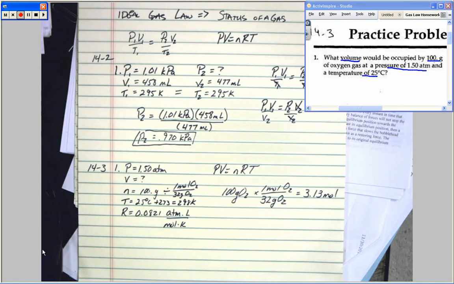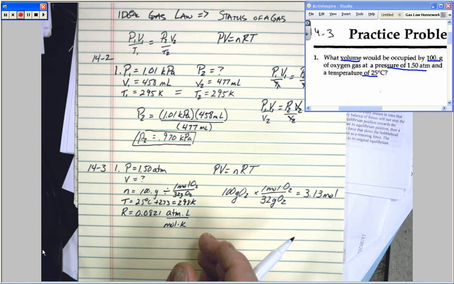Okay. Now, if you don't write the whole thing out, I'm going to start marking you down. The atmospheres times liters divided by mole times Kelvin. Okay, this exists.